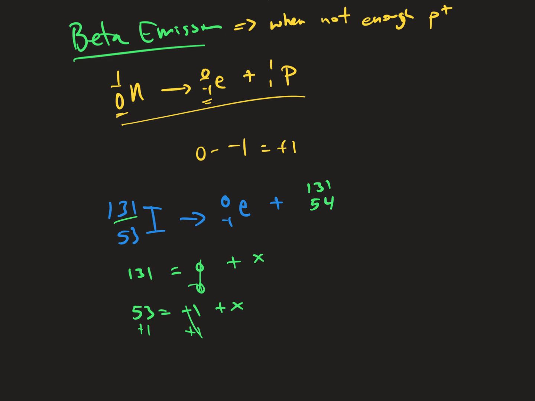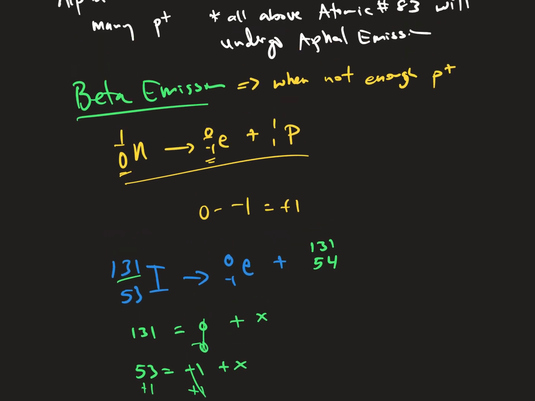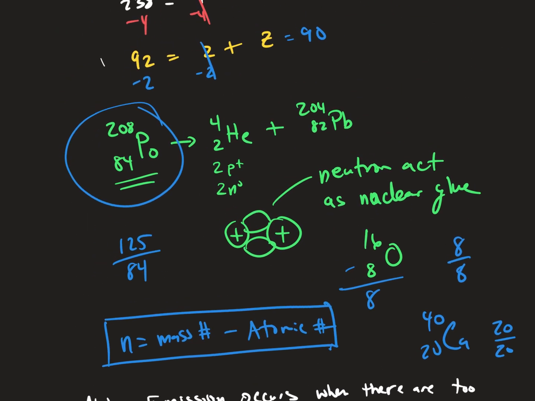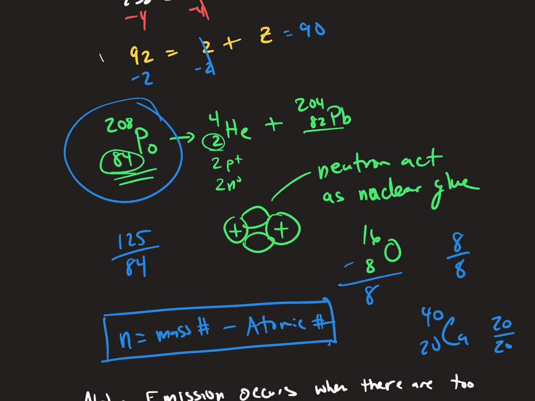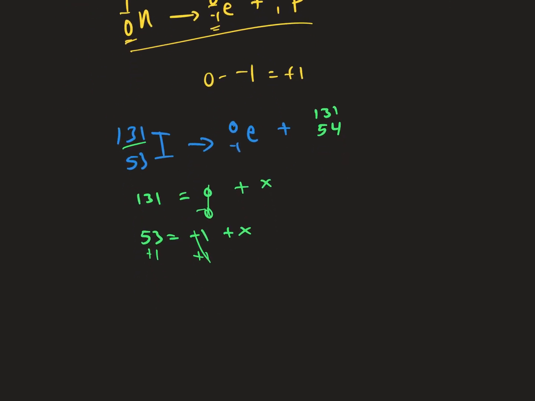No. So most students will say 52, because they'll say, oh, just like over here, we did 84 minus 2 is 82, right? Now come over here, 53 minus 1 is 52. But it's not minus 1, it's minus a minus 1. You with me? So just keep that in mind.